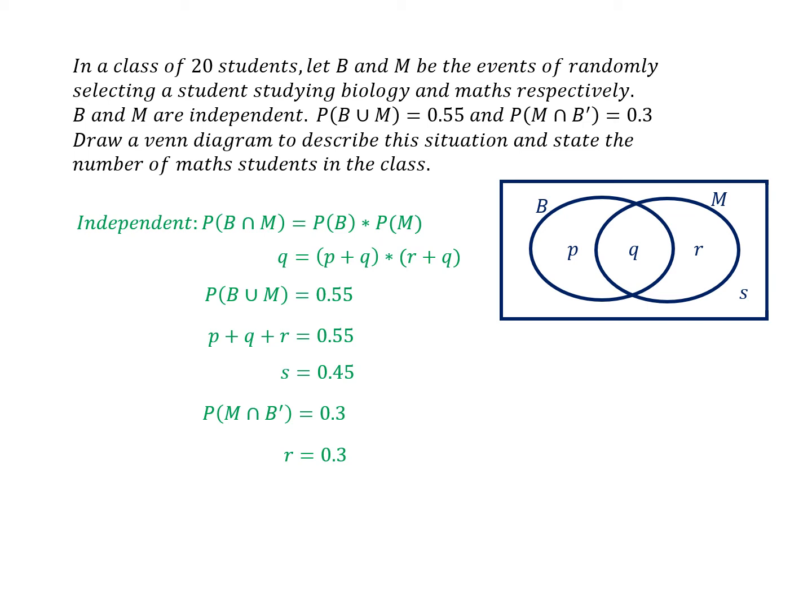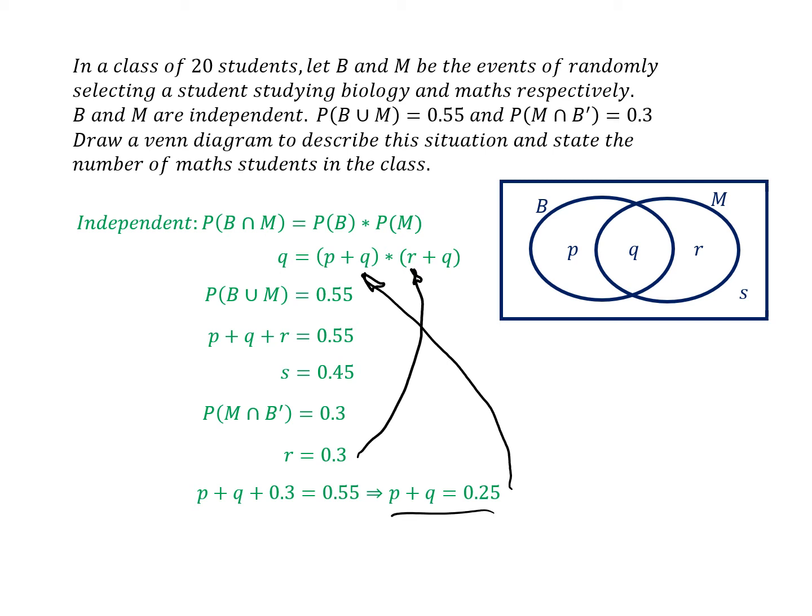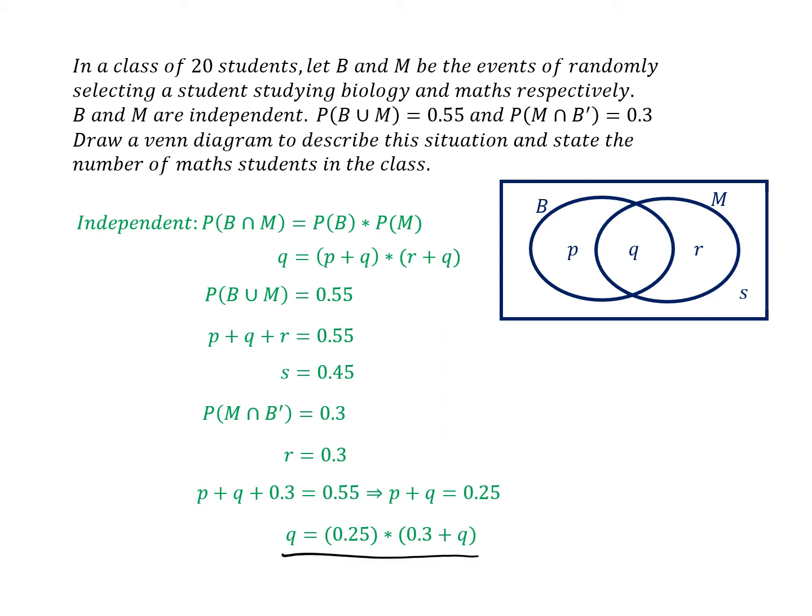We can now start solving these equations, because if R is 0.3, we can pop that into this equation and get an expression for just P plus Q on its own. Then I can put this P plus Q there and the R there into this equation to eliminate the P plus Q and the R. And then I get this equation here.